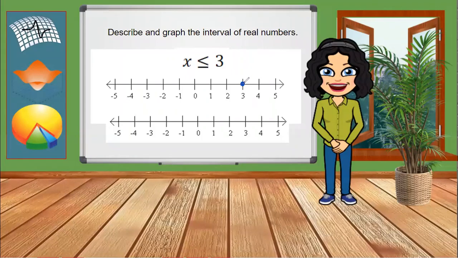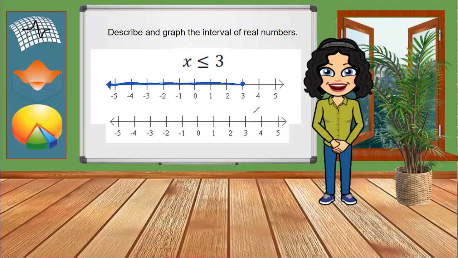I'm going to close circle because a closed circle means that it's included. And since x is less than 3 also, we want to shade to the left. So everything that is equal to 3 or less than 3 is a solution to this inequality.